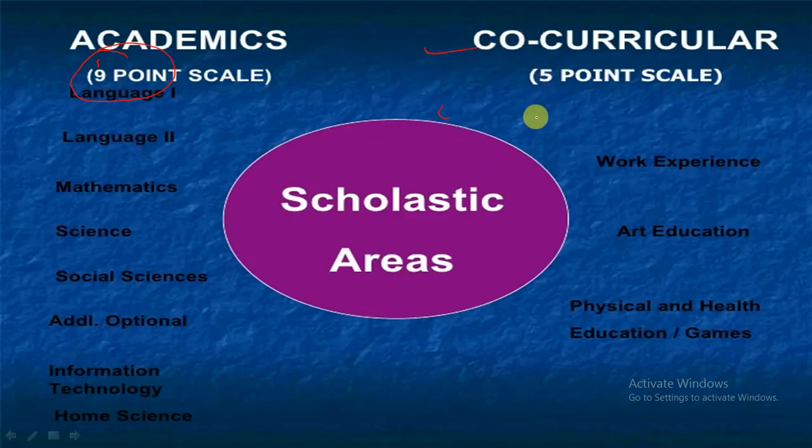Co-curricular activities are also maintained, on a 5-point scale. The 9-point scale academics are: language 1, language 2, mathematics, science, social science, additional optional, information technology and home science. And the 5-point scale covers work experience, art experience, and physical and health education or games.